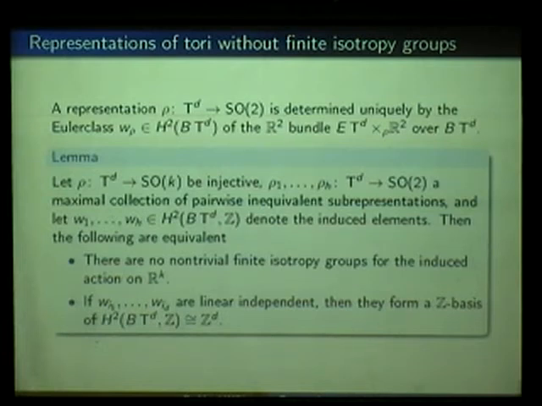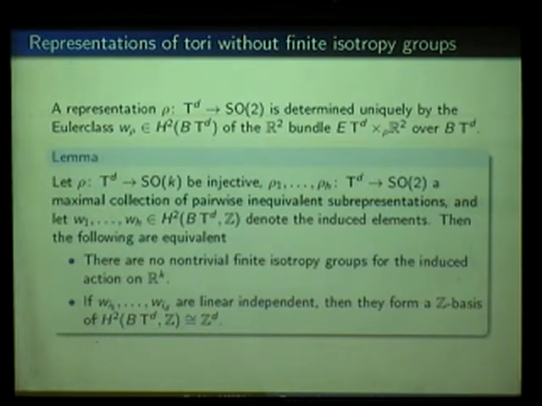By taking the Euler class of the corresponding bundle over the classifying space. And now, if you have a representation, of course it decomposes into two-dimensional representations, and you take a maximal collection of pairwise inequivalent subrepresentations, and we denote by W1 to WH the corresponding elements in H2.